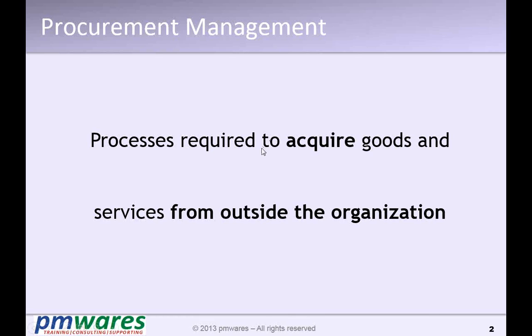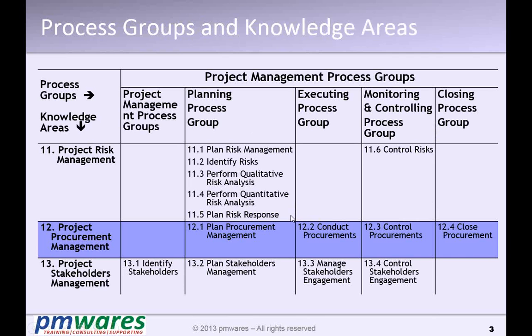Maybe it can be a raw material, it could be a part of our product, a piece of our product, outsourcing, or procuring the raw material, or any other services required for the project. There are 4 processes: plan, conduct, control, and close.